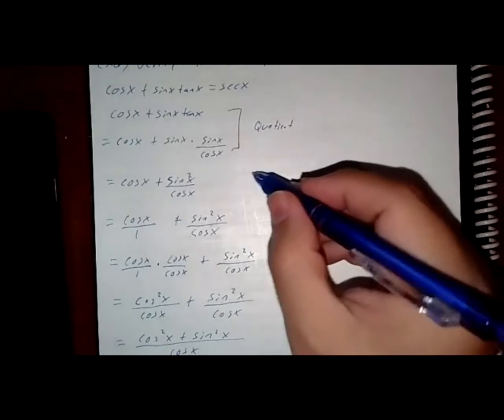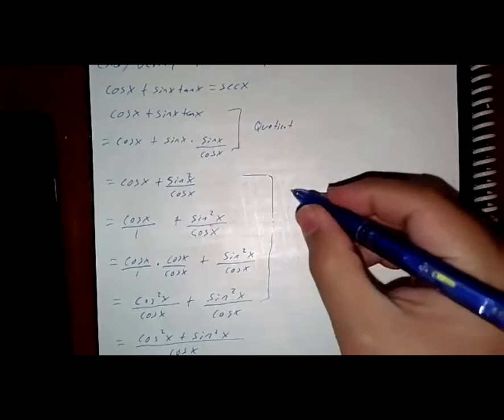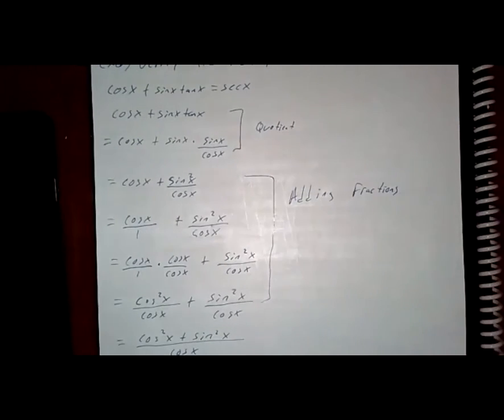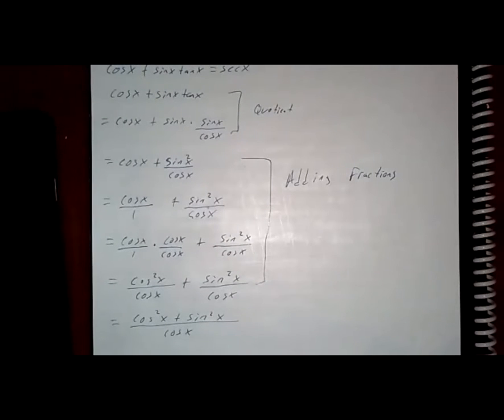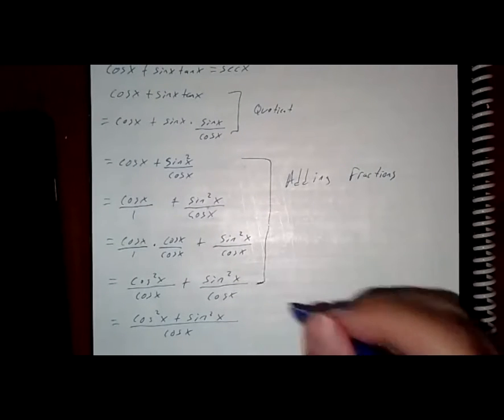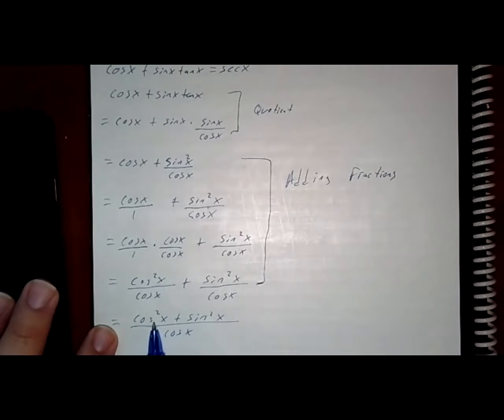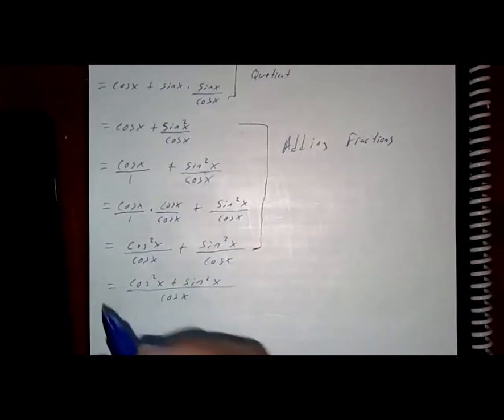All right, so from here to here, I showed extra steps. I'm adding fractions. If you skip a couple of those, it's okay. But once you add them, you see that this is an identity, right? What is cosine squared plus sine squared? Yeah, that's going to be 1.